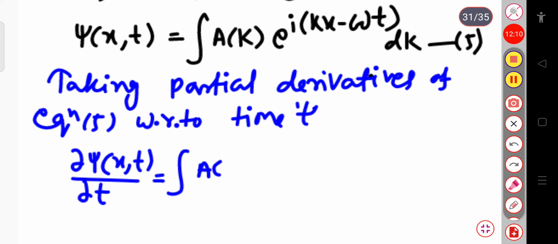If I take the derivative of this part, a(k) is a constant term, so it will remain as it is, that is a(k).